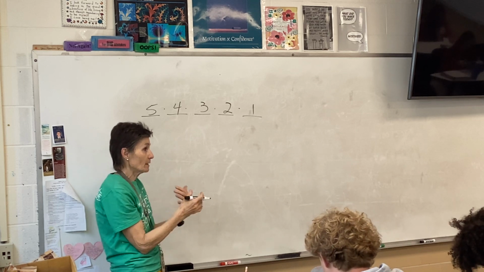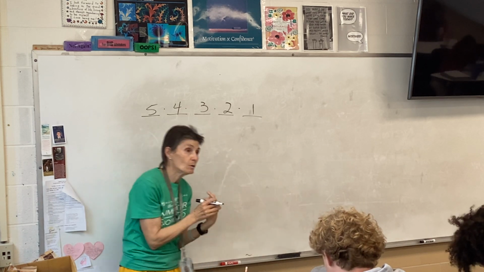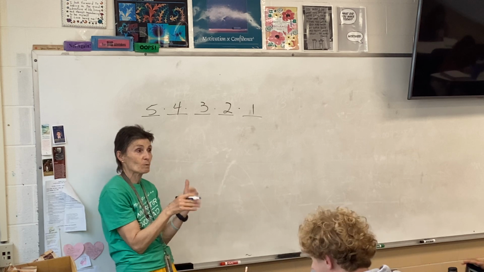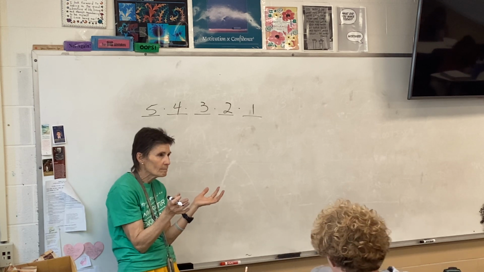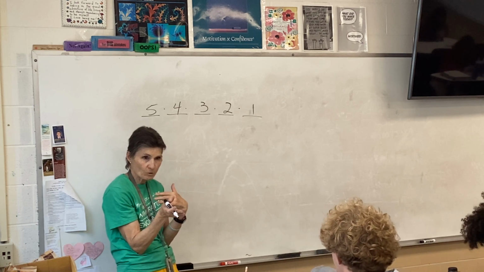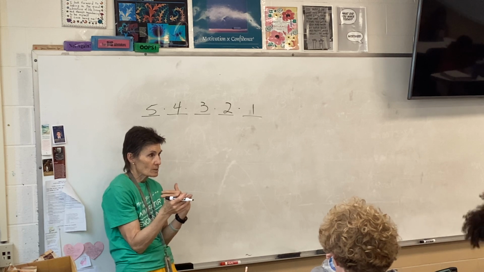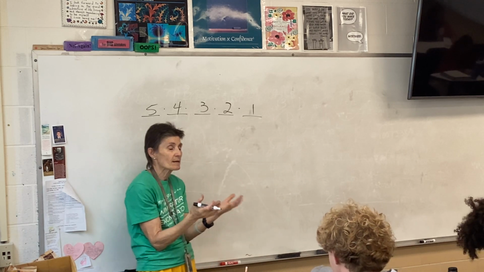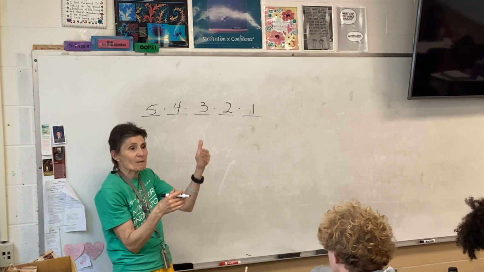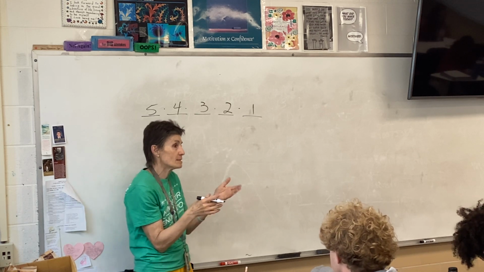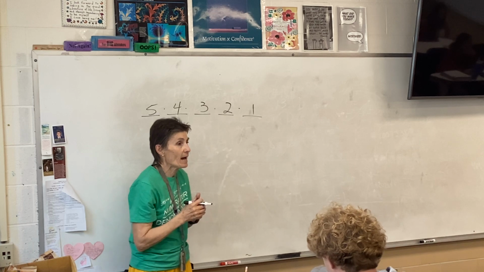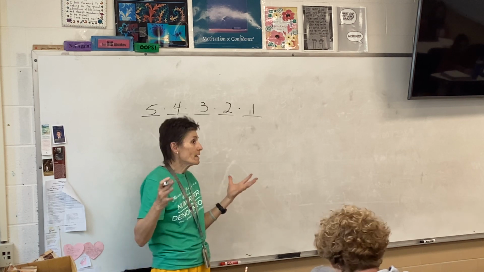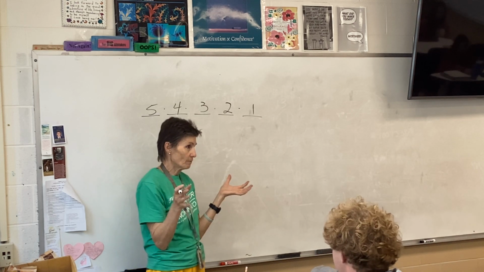So on my calculator, I can literally do 5 times 4 times 3 times 2 times 1. That's no big deal to do. The answer is 120. So how many ways can I arrange the books on the shelf? 120 ways.